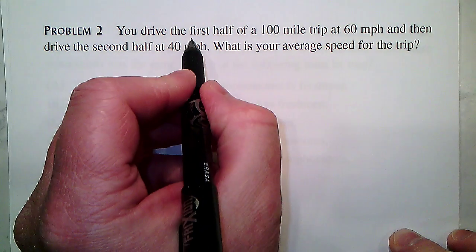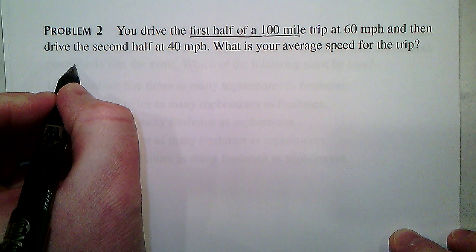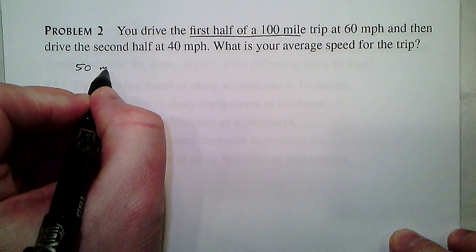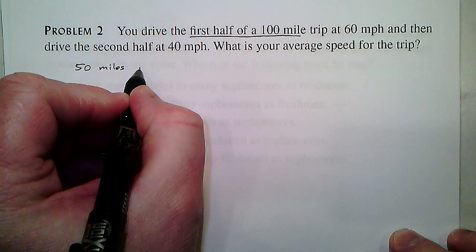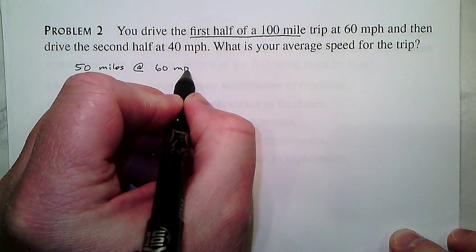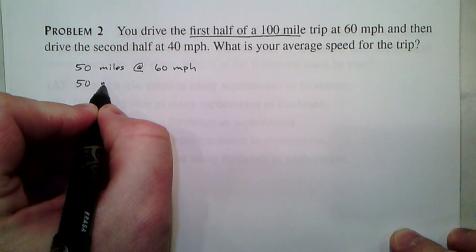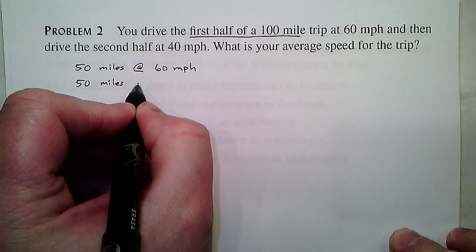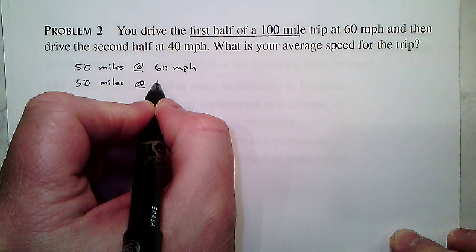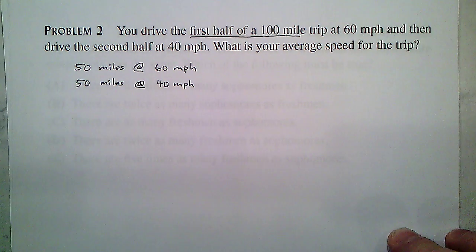Well, the first half of a 100-mile trip means that I've traveled 50 miles at a speed of 60 miles per hour. And the second half is also 50 miles, but at that second half, I've only traveled 40 miles per hour.